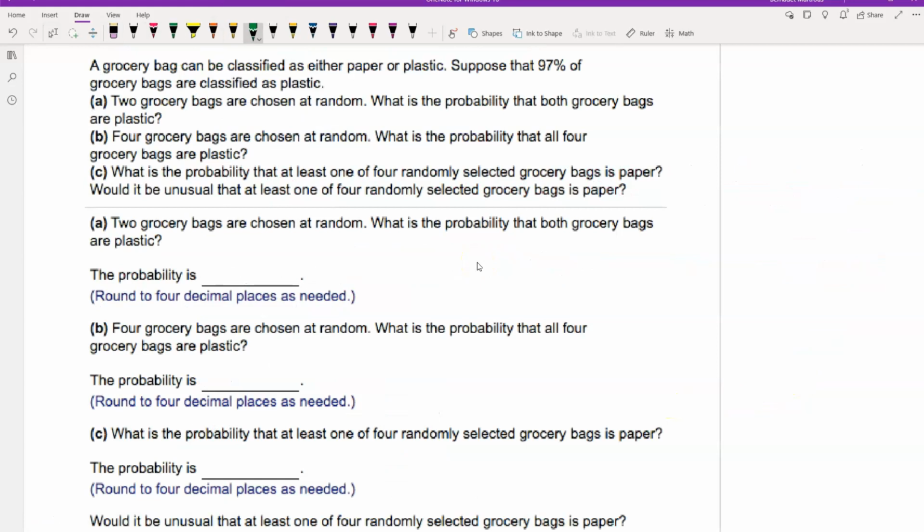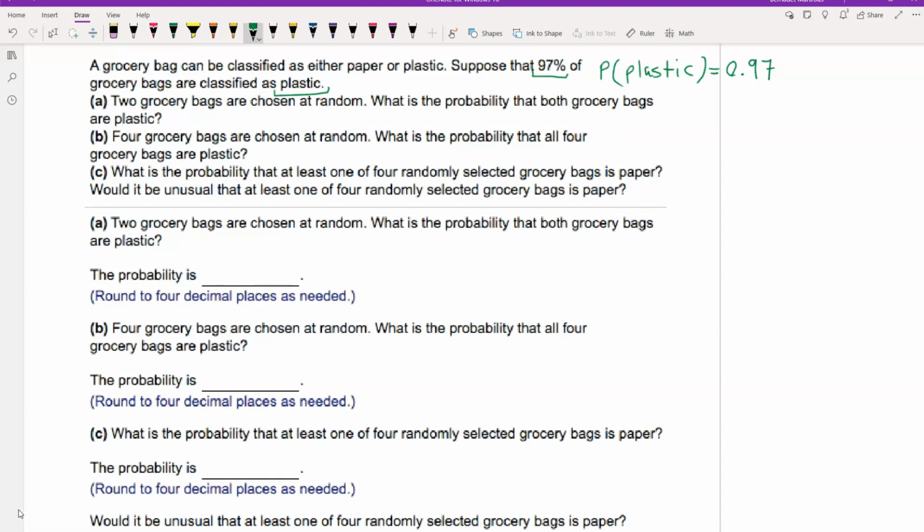Grocery bag can be classified as either paper or plastic. Suppose that 97% of grocery bags are classified as plastic. So what is given here on the spot, probability of plastic, that is equal to 97%. Part A, 2 grocery bags are chosen at random.